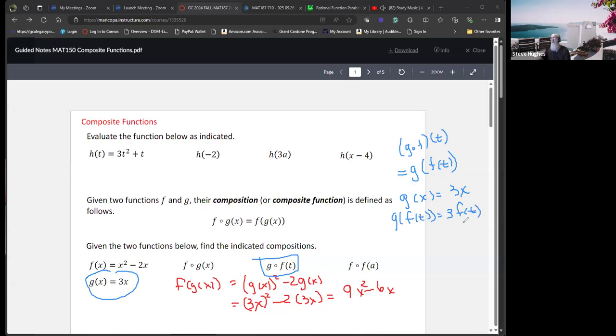In place of x, I put f of t, which is equal to 3 times what was f of t? T squared minus 2t, which is equal to 3t squared minus 6t.